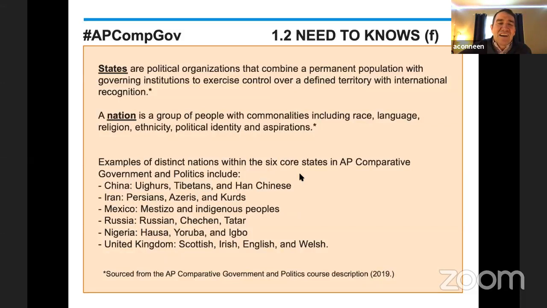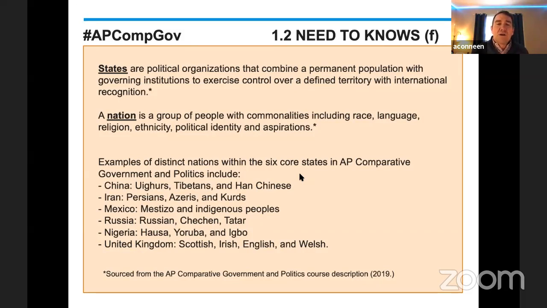And in Iran, you have Persians as a nation, or Azeris. The Kurds are a good example of a nation that can cross national boundaries. You would have a strong Kurdish nation in Iran, Iraq, bits of Syria, and also Turkey. Even though there's no officially recognized country of Kurdistan, the Kurds are recognized as a nation.